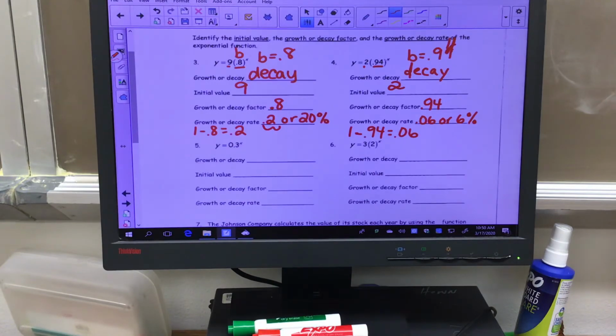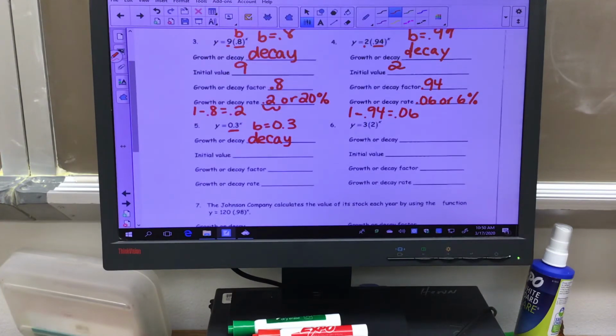Ooh, this one was tricky, because this one did not give you a number in front. It only gave you the exponent part. But we got to think about it. This is the number attached to x, so that's our b. So it's still a decay. My initial value, though, I don't see one, and it can't be 0, because if we multiply anything by 0, it is still 0.